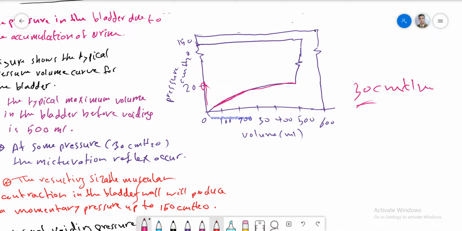The typical volume of urine inside the bladder before voiding is about 500 ml.